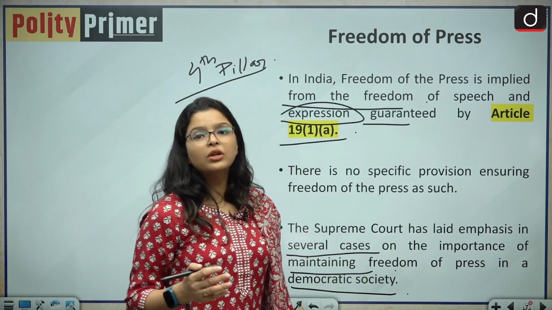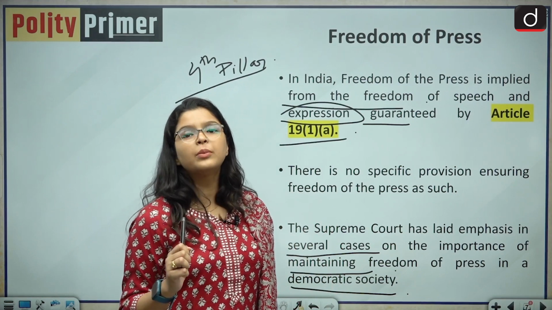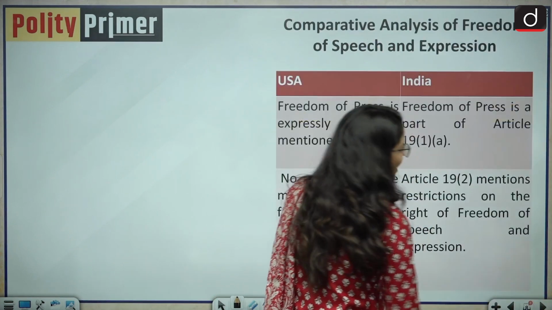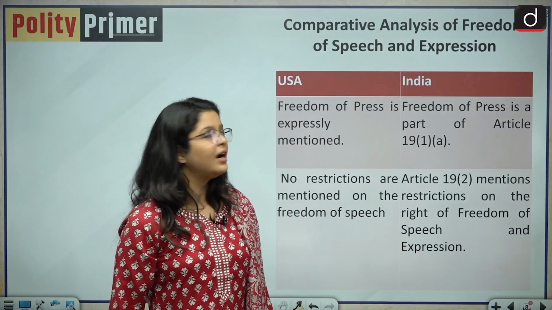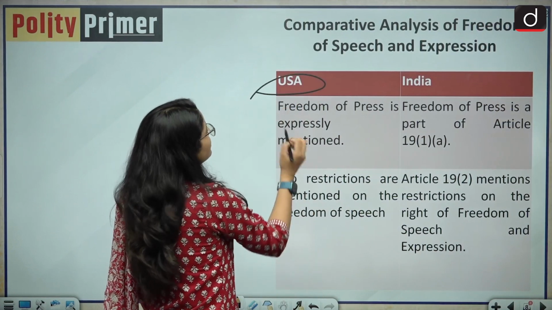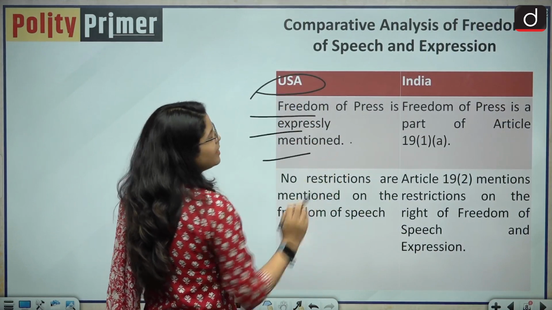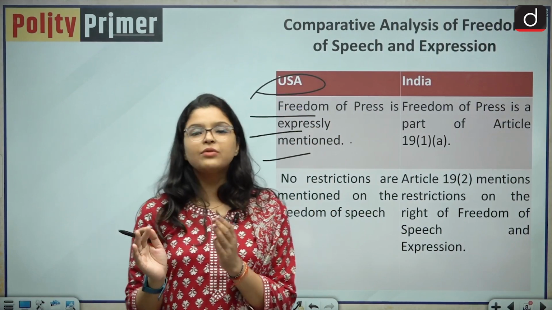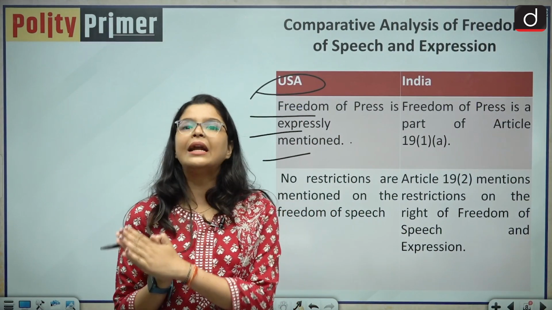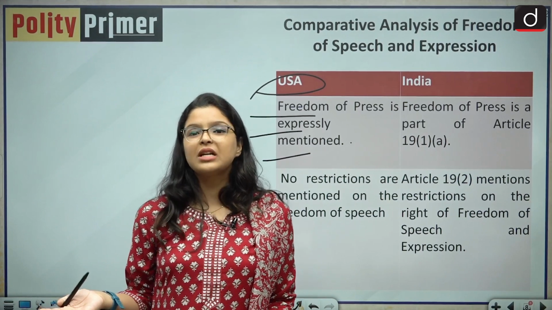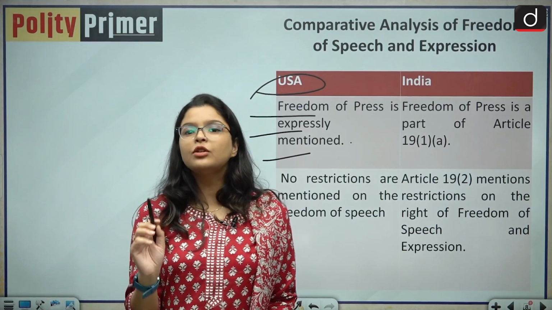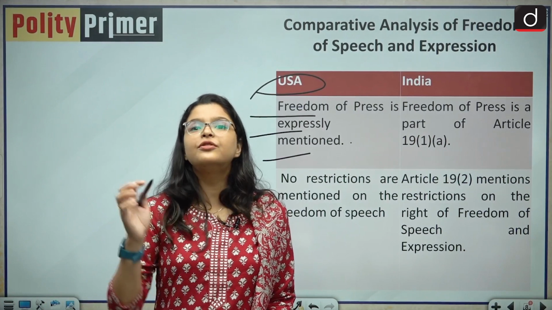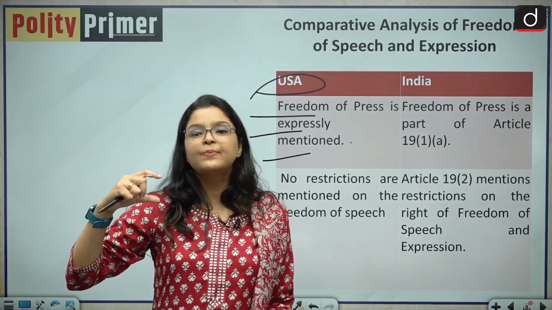So if I talk about the comparative analysis of the provisions of the US Constitution and the Indian Constitution in this regard, in the US Constitution, the freedom of press is expressly mentioned. So this is the distinguishing factor between the Indian Constitution and the US Constitution. As I was explaining before also, the Indian Constitution does not mention the term freedom of press explicitly.